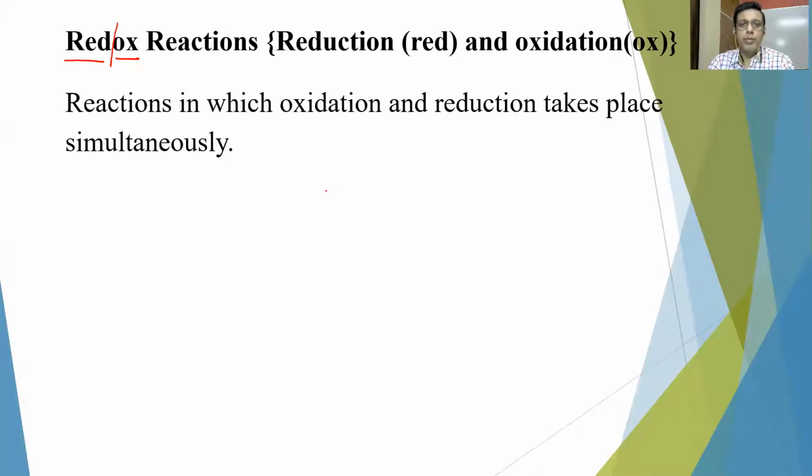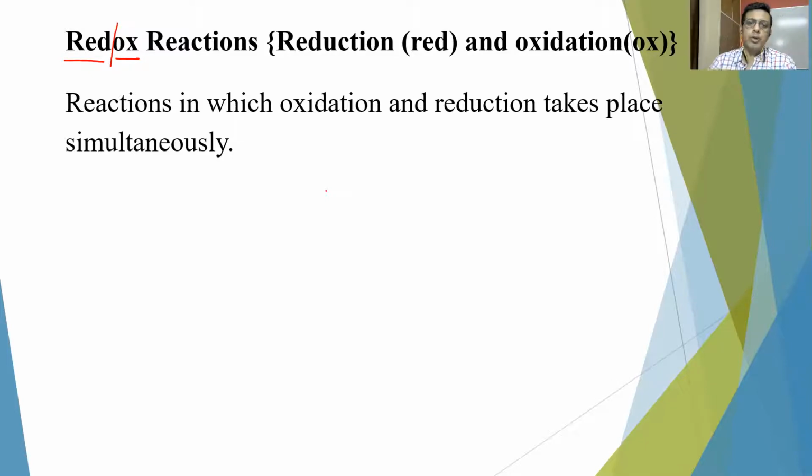Now, oxidation and reduction can be explained by using 5 different concepts. Redox can be explained by considering gain and loss of oxygen or any other electronegative element, gain and loss of hydrogen or any other electropositive element, gain and loss of electrons, increase and decrease in oxidation number, or increase or decrease in electron density around a particular atom.